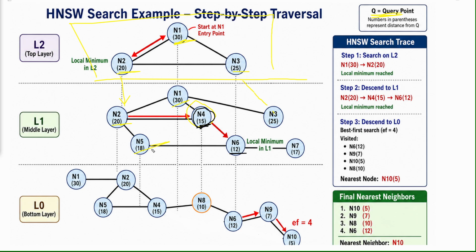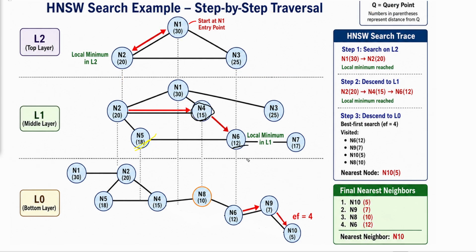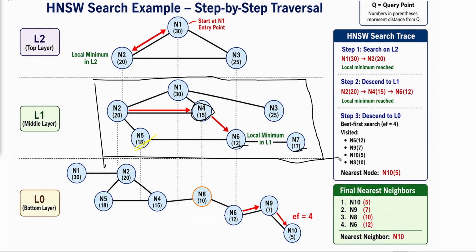Already this we checked. 12's neighbors are 18 and 17. 18 is already visited, so the only neighbor is 17. Out of 17 and 12, 12 is minimum, right? So in this particular NSW, the minimum one that we found is this one.